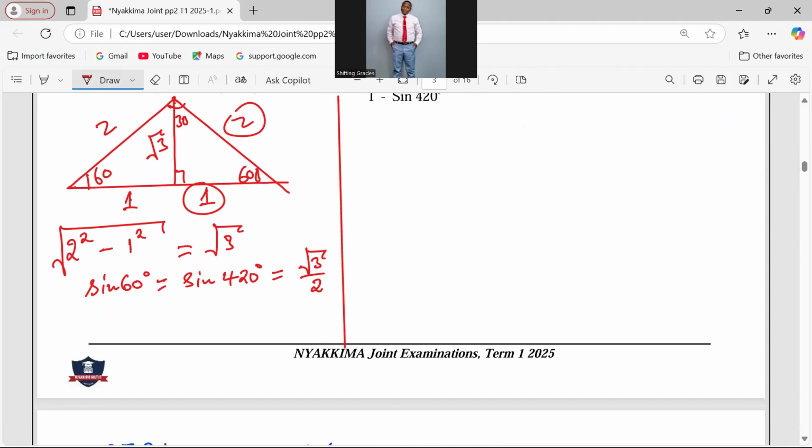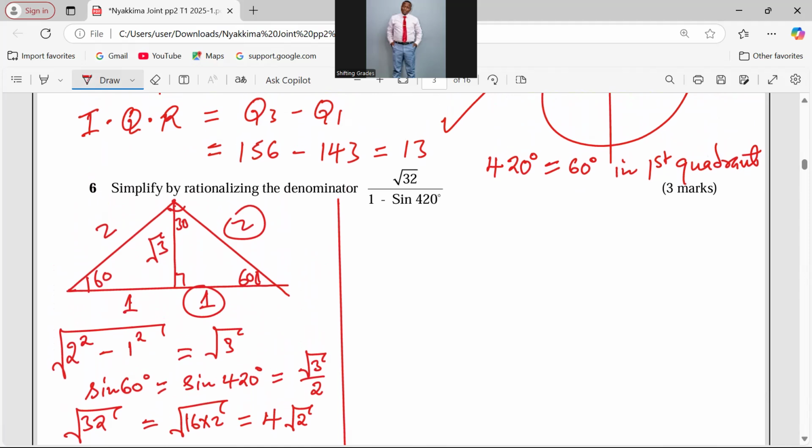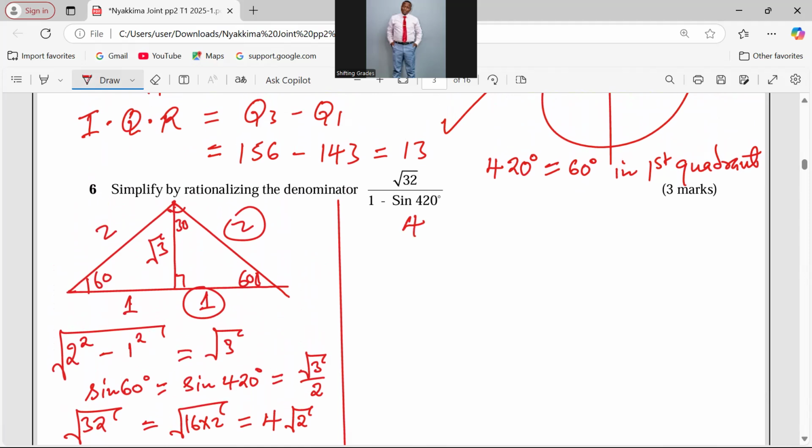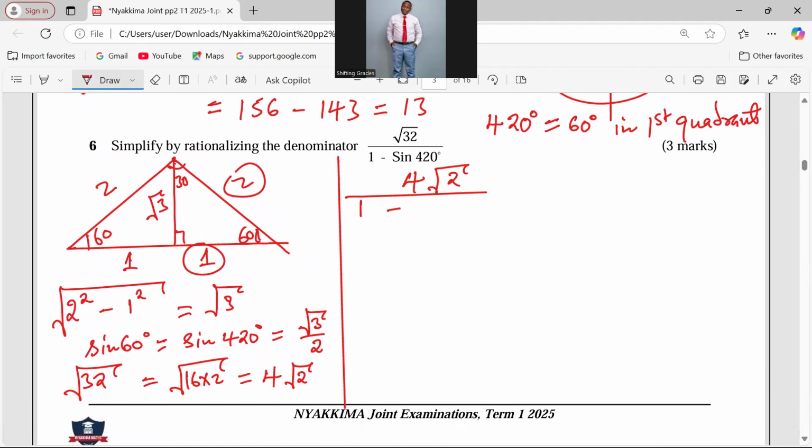So let me start by simplifying that 32, which equals 16 times 2. So the root of 16 is known, 4. Then root 2. So instead of that root 32, we can have 4 root 2. So we'll be having 4 root 2 divided by 1 minus the root of 3 over 2.